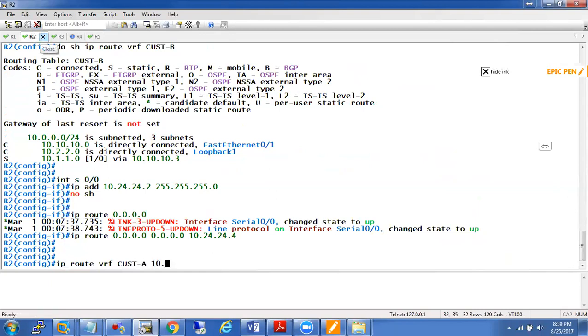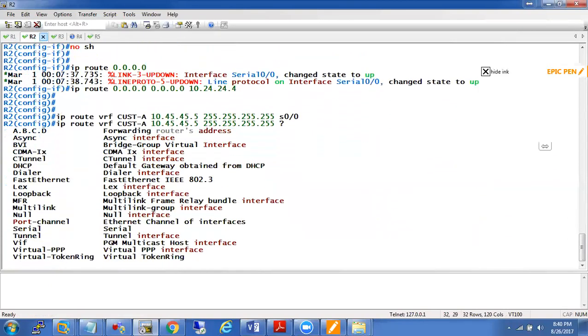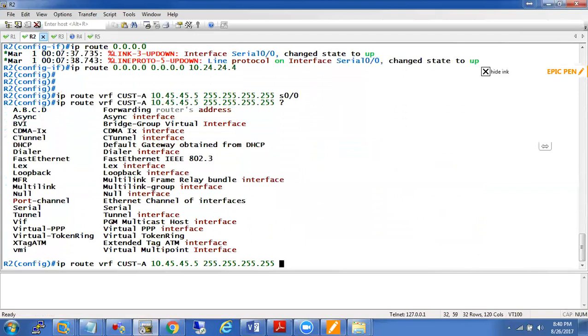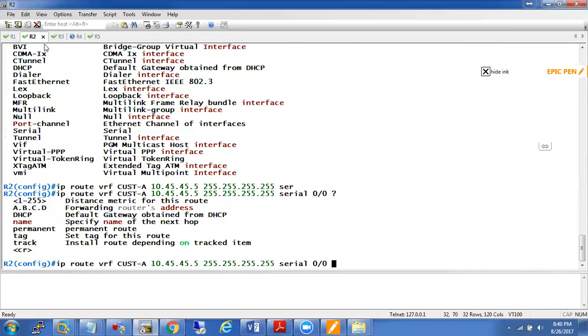For the 10.45.45.5 network, okay, go through the S0/0 interface. Yep, this is good. Go through that interface.